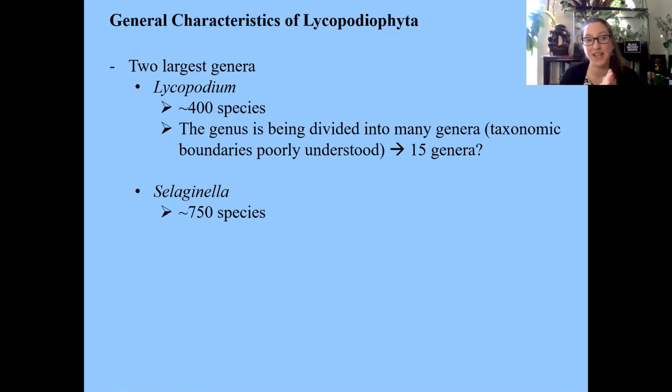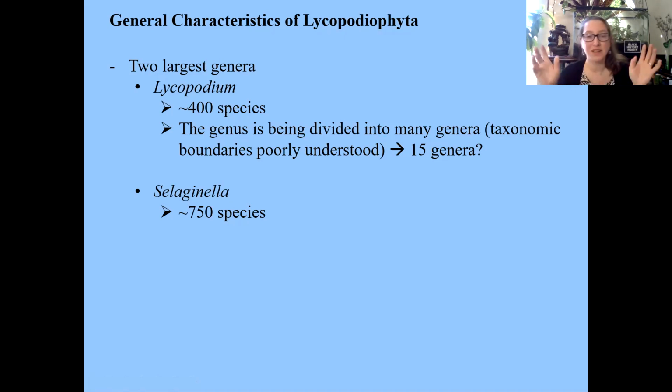Lycopodium, all right, well, that genus has about 400 species. We say it has 400 species, and we say that it's the genus Lycopodium, but there is a lot of discussion, I guess you could say, among people who study these plants, who think that maybe Lycopodium should be divided up into lots of different genera.